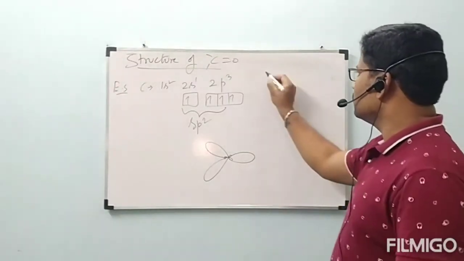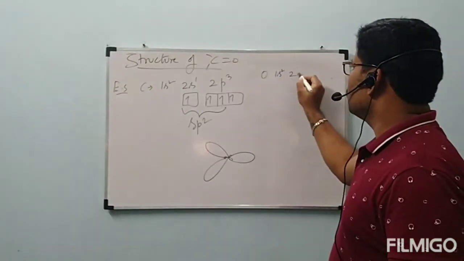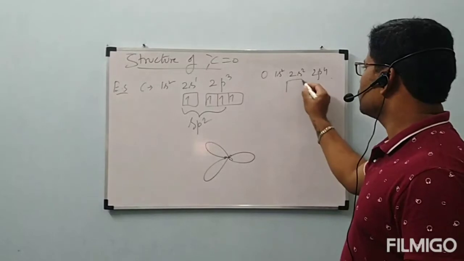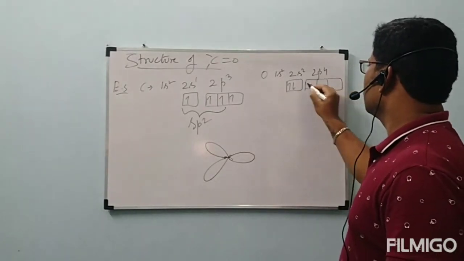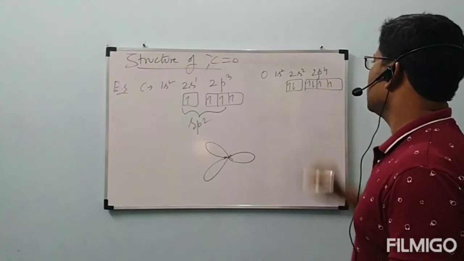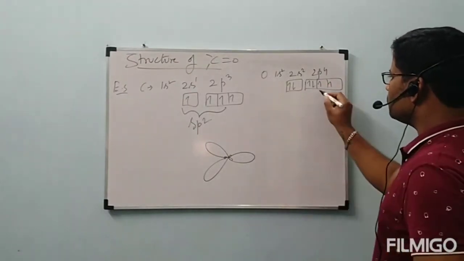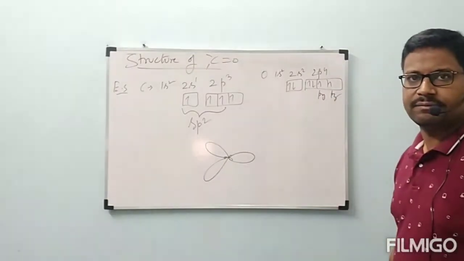Next, oxygen. What is the electronic configuration of oxygen? 1s2, 2s2, 2p4. I am representing the outermost electrons in boxes. Like this we have 4. In which orbitals are the unpaired electrons present? Py and pz orbitals.